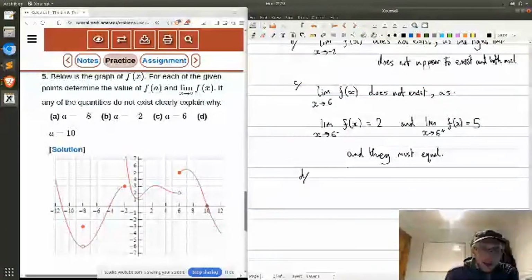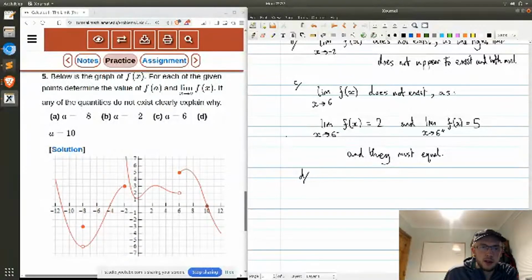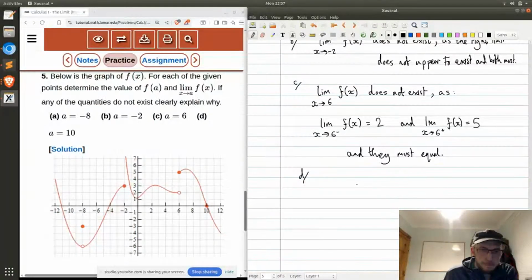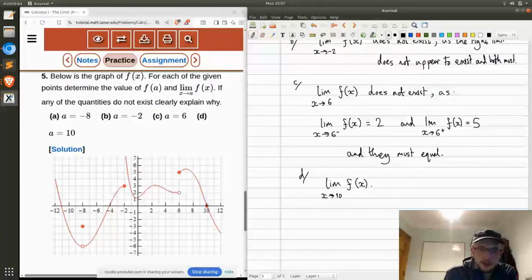All right, 10. Wait, what am I saying? 10. Okay, 10. Okay, so. All right, fine. The limit as x approaches 10 of f of x is apparently 0.